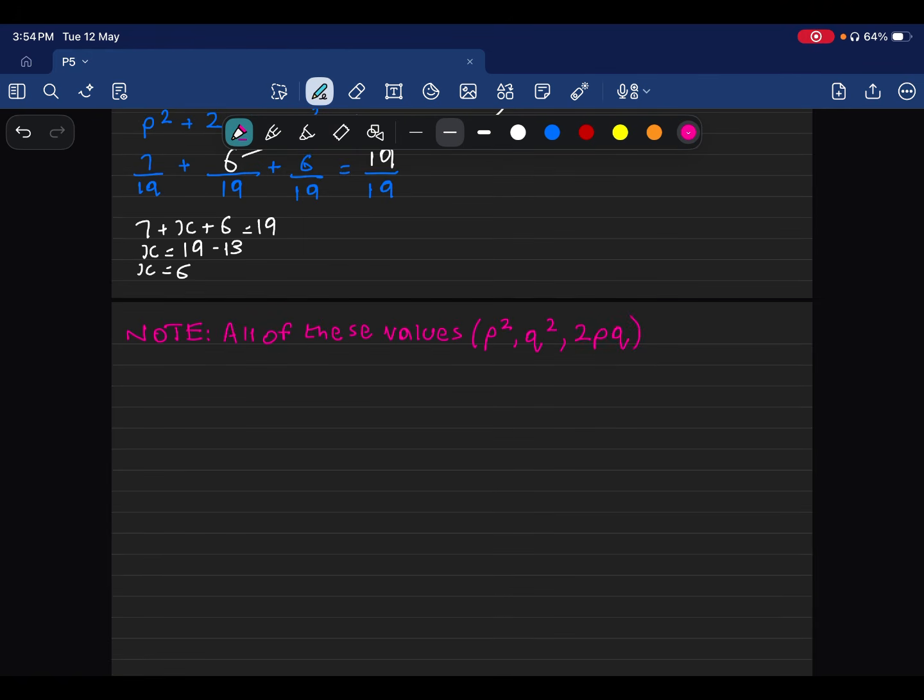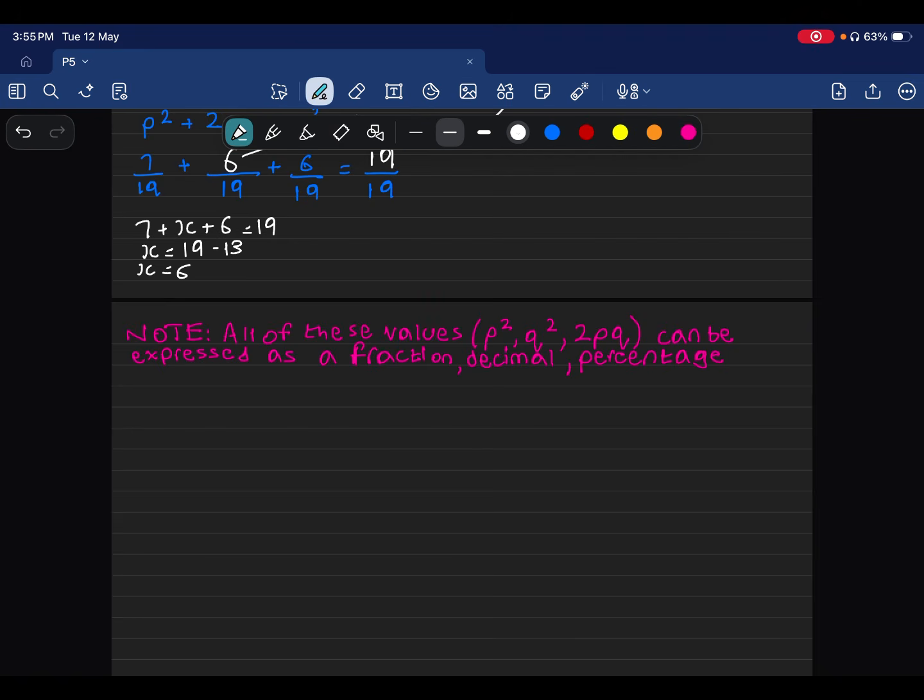All of these values can be expressed as a fraction, as a decimal, or as a percentage. It is completely up to you, or in some cases, up to the question in which form they want you to write the answer.